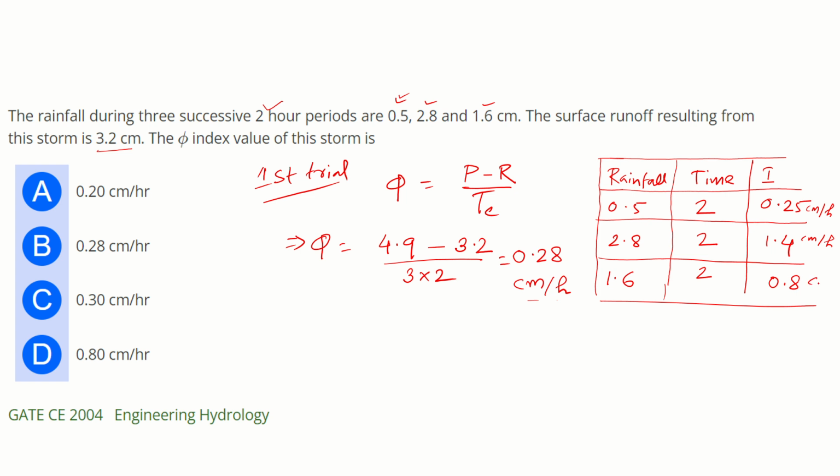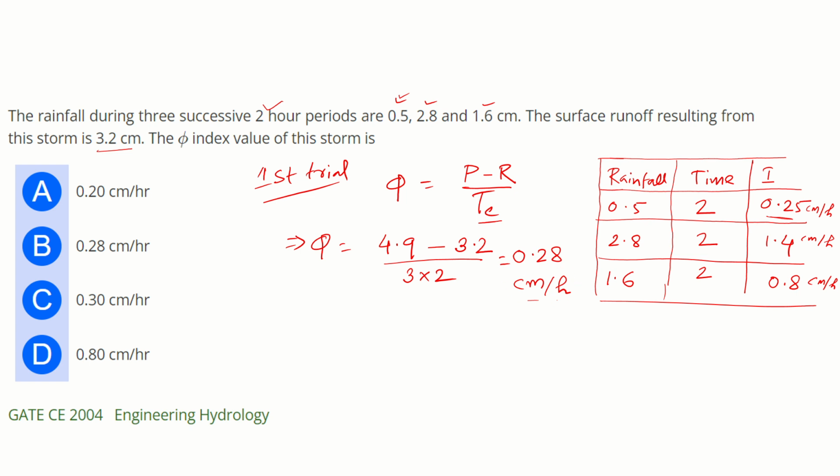Okay, now if we see the definition of phi index, what is TE? TE is effectively the time in which runoff is happening. Now if we look at this, the phi index value is 0.28, and here the rainfall intensity is 0.25. That means during the first 2 hours, what is phi index?